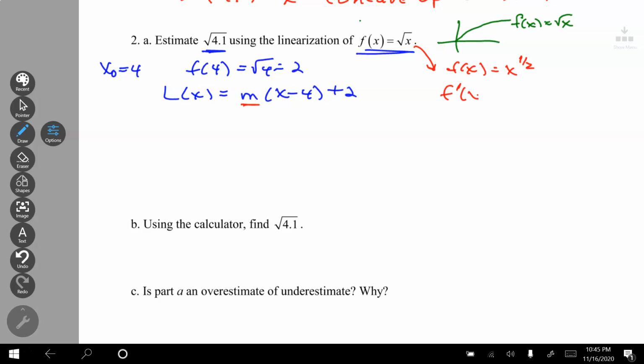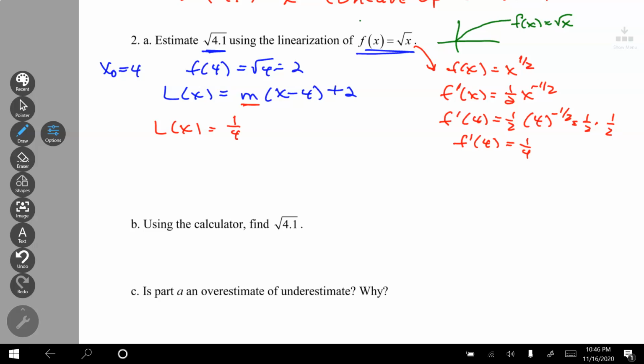Its derivative is 1/2 x to the negative 1/2. And when I plug in 4, I get 1/2 times 4 to the negative 1/2, which is 1/2 times, well, the square root of 4 is 2, so the negative square root of it is 1/2. So f prime of 4 is equal to 1/4.